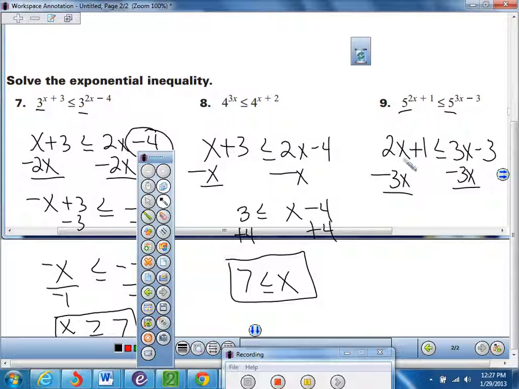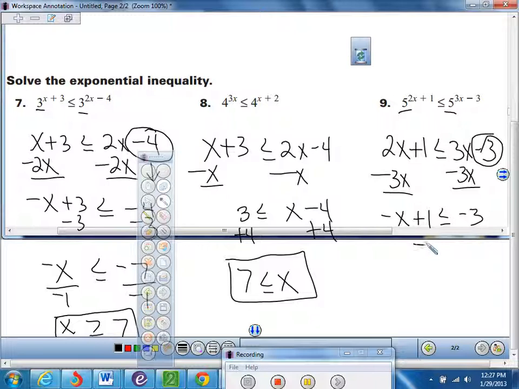So we have 2x minus 3x, we end up with negative x plus 1 is less than or equal to, again, we'll have to bring this down as negative 3. Then subtract 1 from both sides, so we end up with negative x is less than or equal to negative 4. Divide by negative 1.